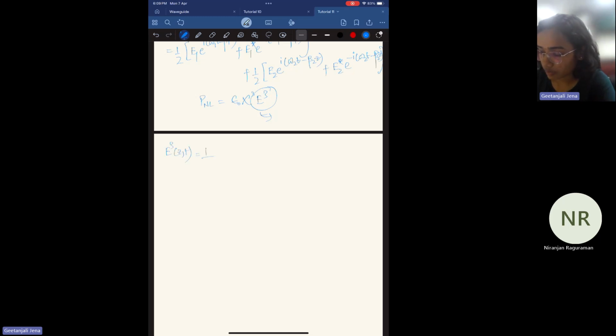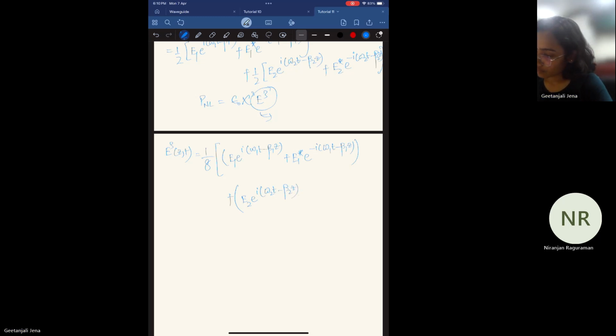E cubed will be (1 by 2) cubed, which is 1 by 8, times E1 e to the power i(omega 1 t minus beta 1 z) plus the complex conjugate, e to the power minus i(omega 1 t minus beta 1 z), plus E2 e to the power i(omega 2 t minus beta 2 z) plus E2 star e to the power minus i(omega 2 t minus beta 2 z).